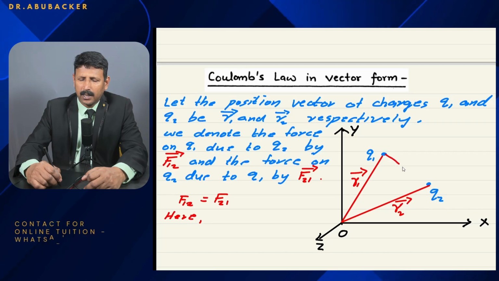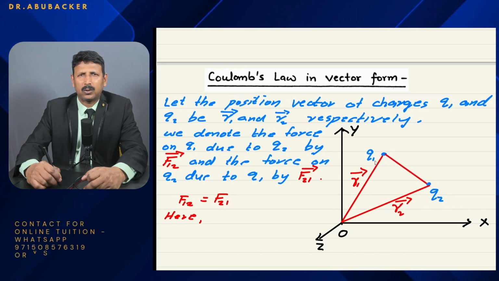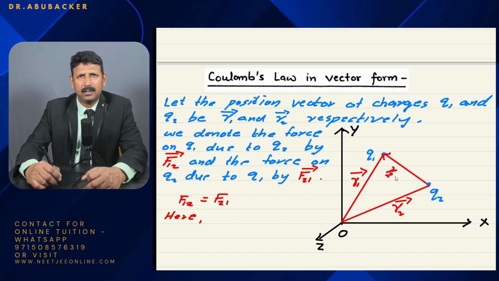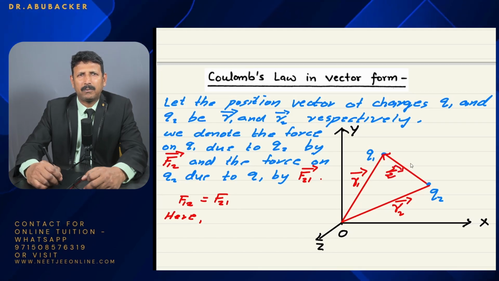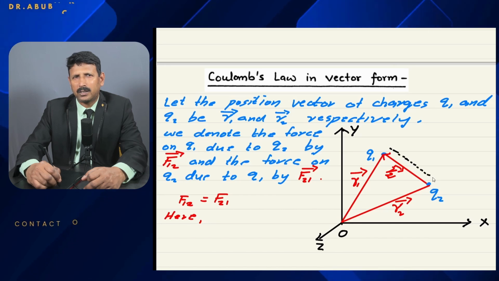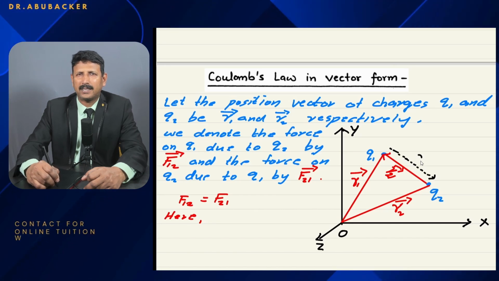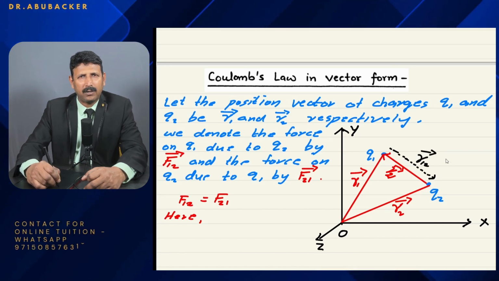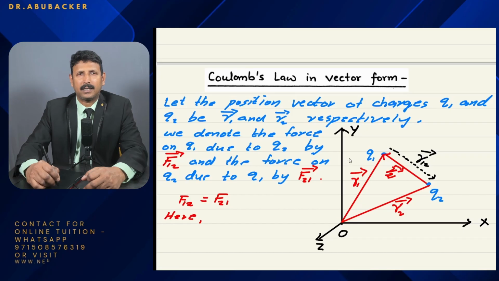Next we want to mark the force. Because both have positive charge, the direction will be away from each other. So we mentioned before, F12 and F21. F12 stands for force on the first by the second charge, and F21 stands for force on the second by the first charge.